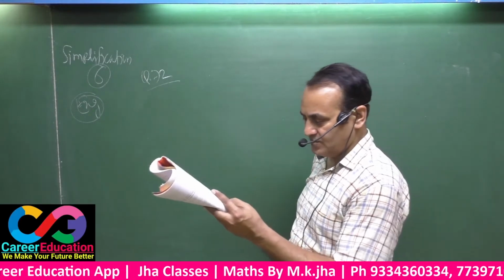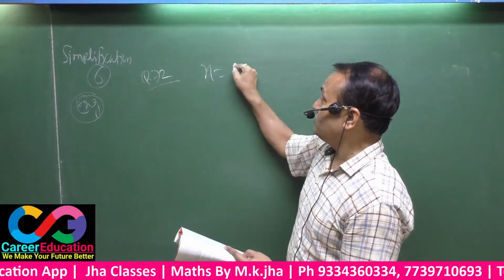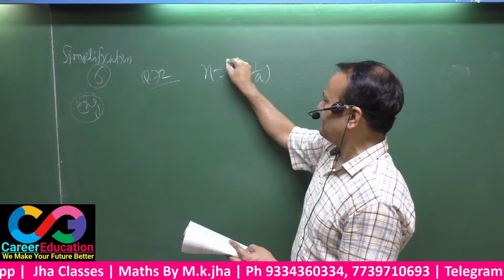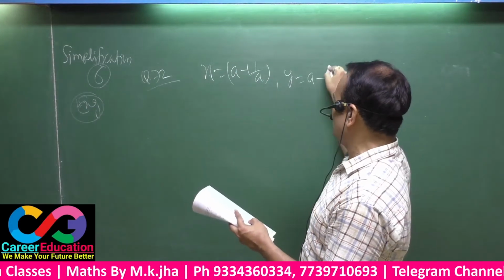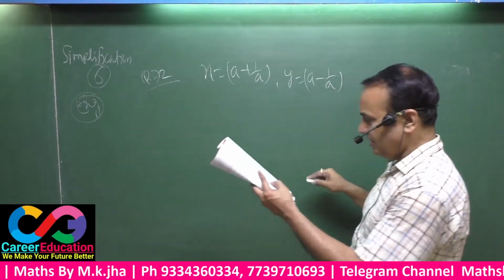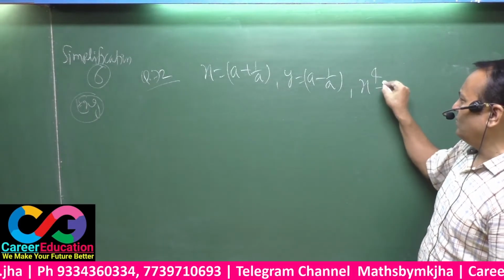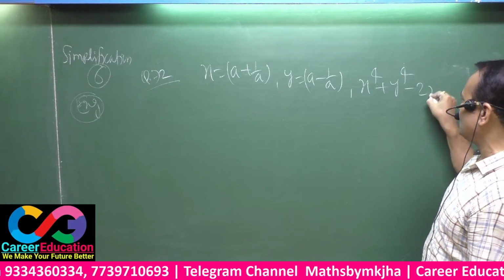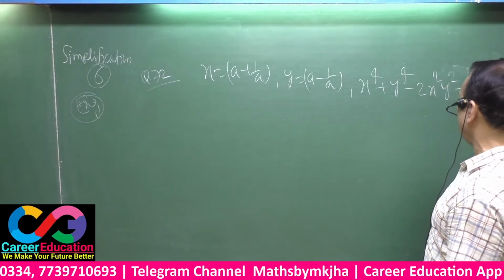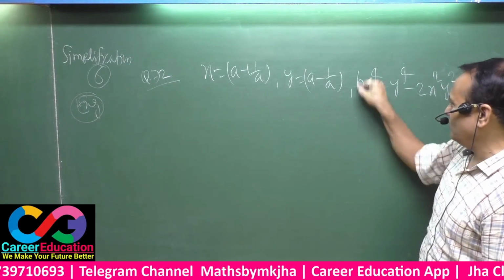See here, x equals a plus 1 by a, y equals a minus 1 by a, and we have to find x power 4 plus y power 4 minus 2 x square y square. This is your question.